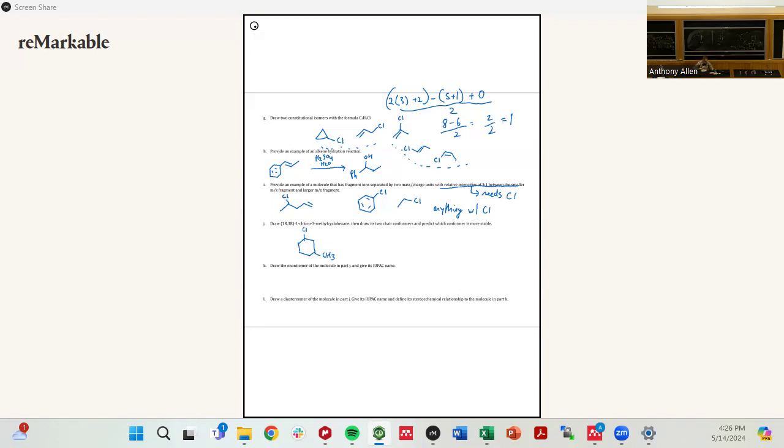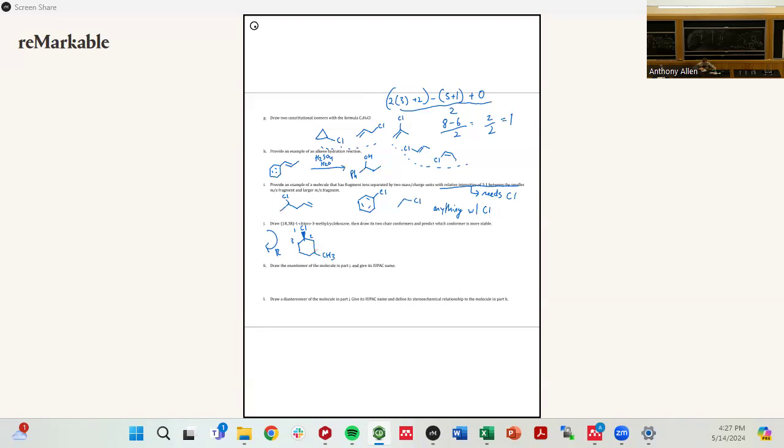Let's just try putting the chlorine on a wedge and see what happens. So that goes 1, and this carbon will be closer to here. So that's 2 and 3. That's R. That's good.